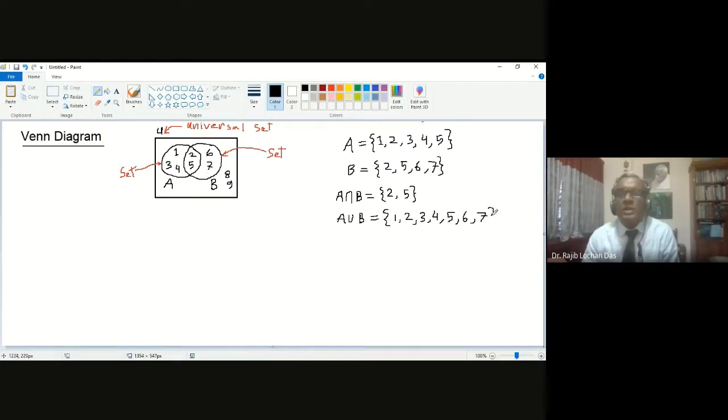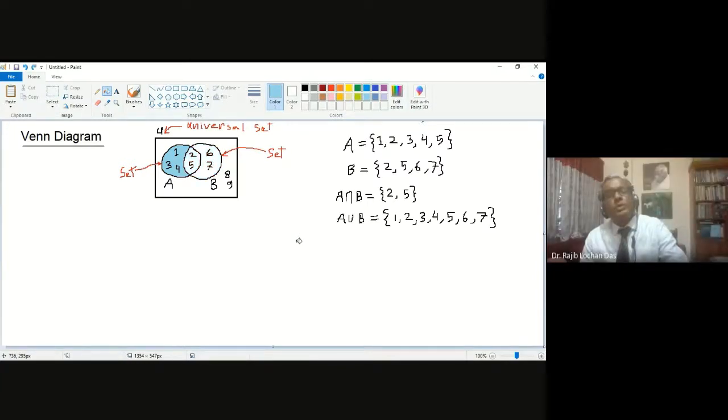So in the figure, if I want to show, then I will color this area, this area, this area, all this area. That will be the union area. Is that okay? Everyone is okay with the idea? The blue color area is the union area. Is that okay? Clear? Yes, sir.